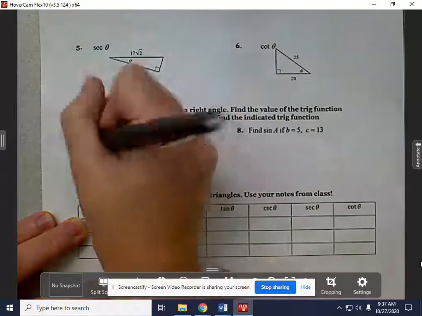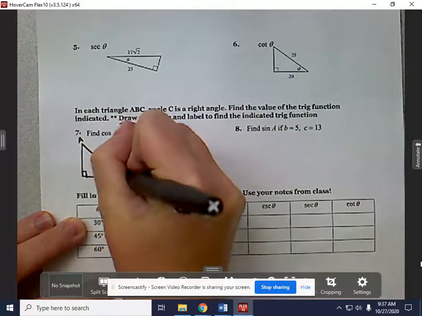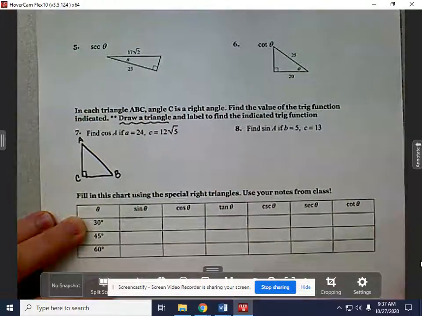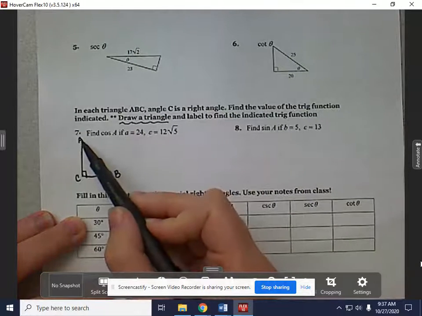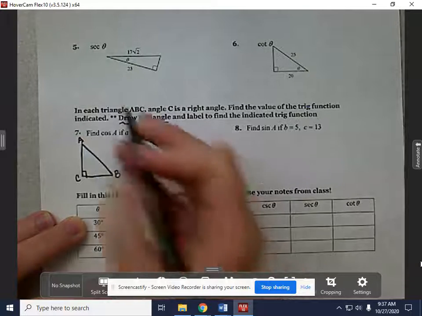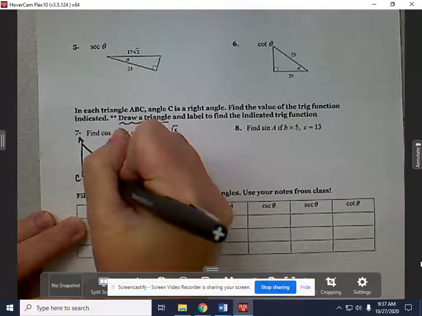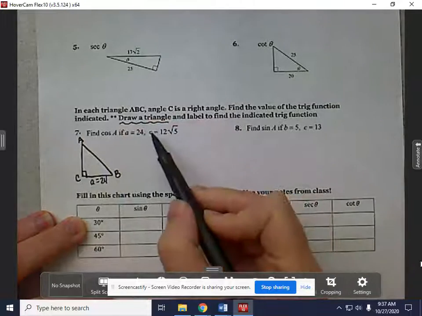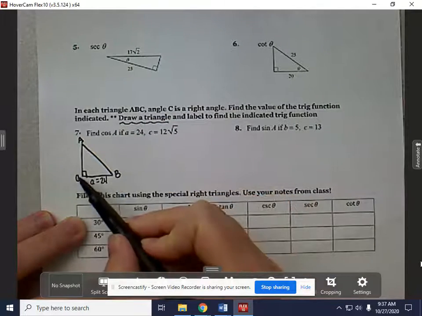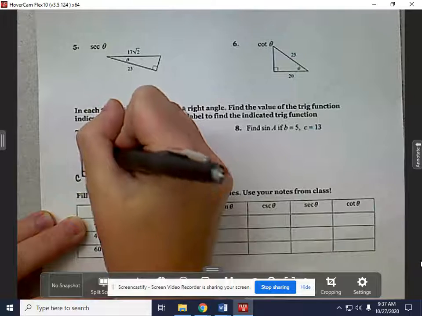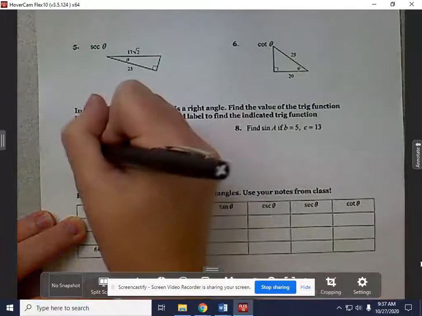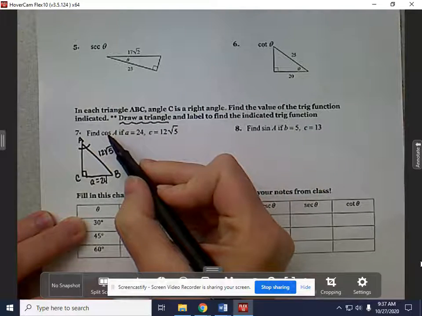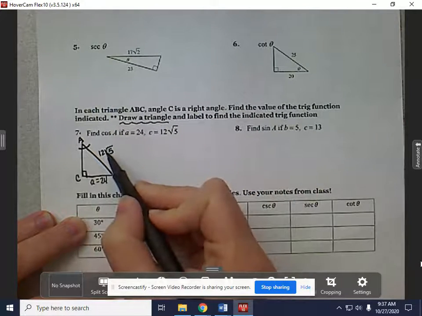I'm going to label the triangle as A, B. I'm going to put in the directions that C is going to be the right angle. Oh, it does say that C is the right angle. Delightful. So just as a reminder of how we label a triangle, if this is angle A, the side across from it is side A. If this is angle C, I want to go across from angle C. And now think, okay, angle A, it wants me to find cosine, which is adjacent over hypotenuse.